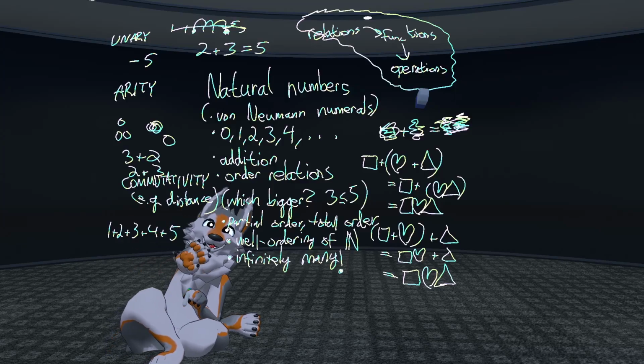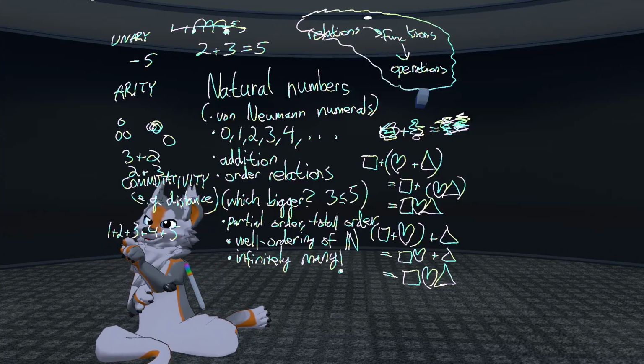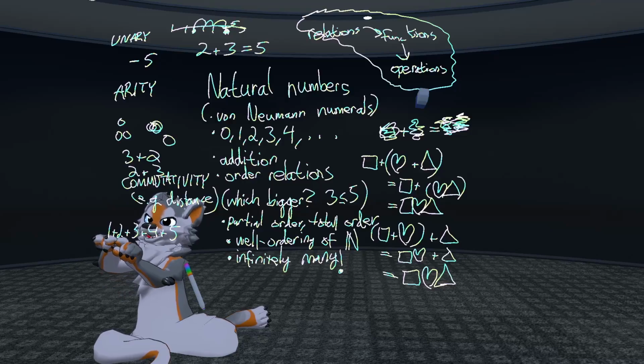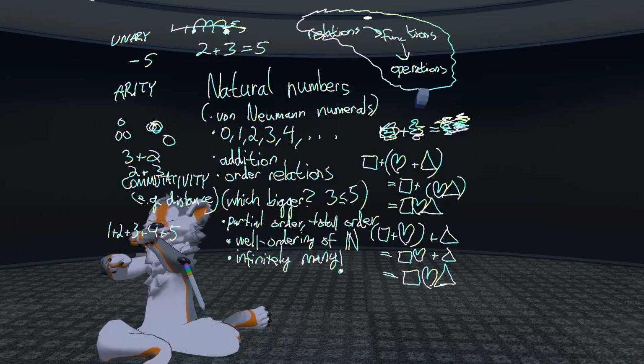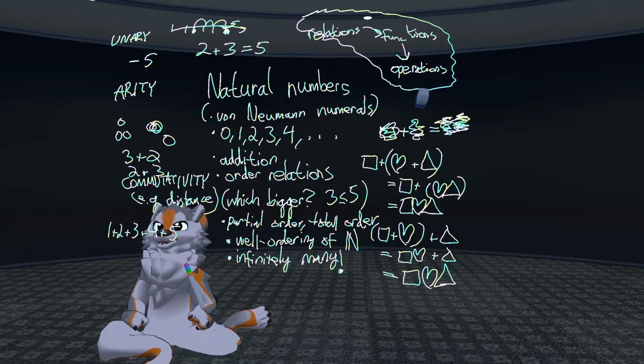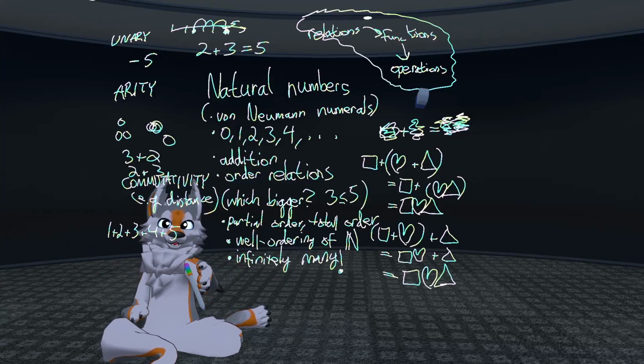And the reason for that, of course, is that if we have this 2 here, it doesn't matter whether you add 1 to it first and then 3, or if you add 3 to it first and then 1. Because at the end of the day, you always add both 3 and 1, and the order that you do that in doesn't really matter so much. So that's why addition is associative.